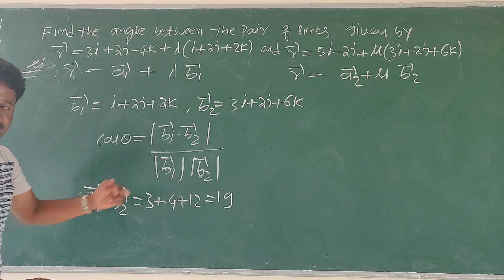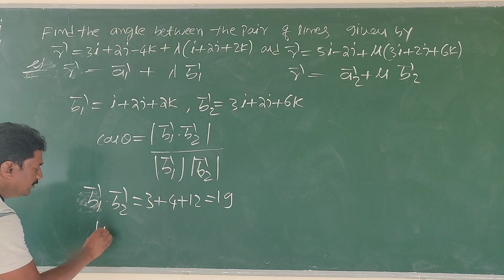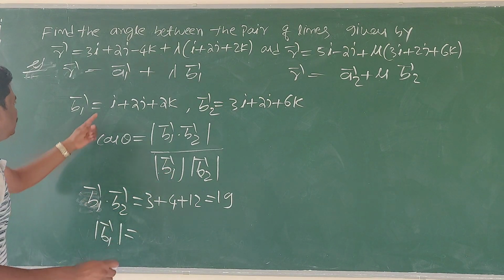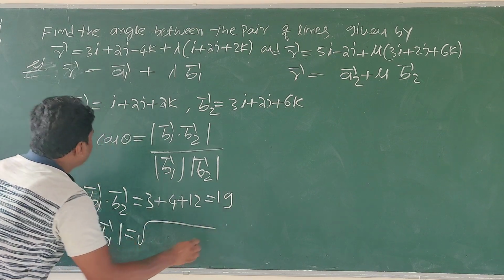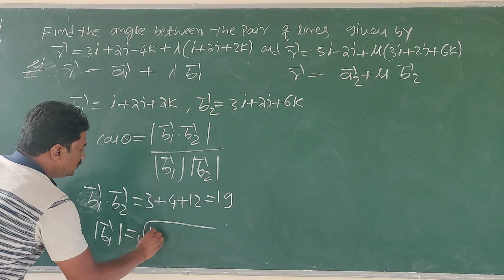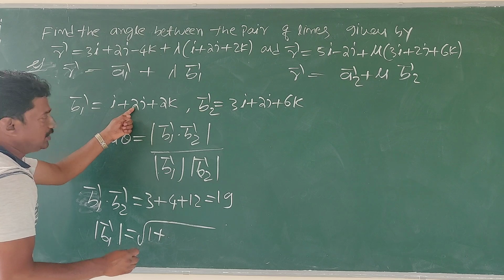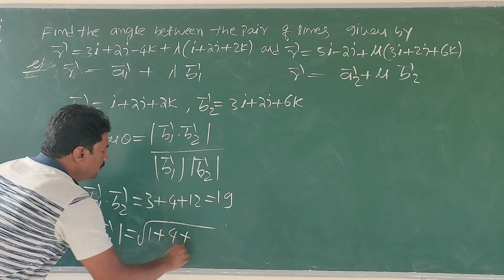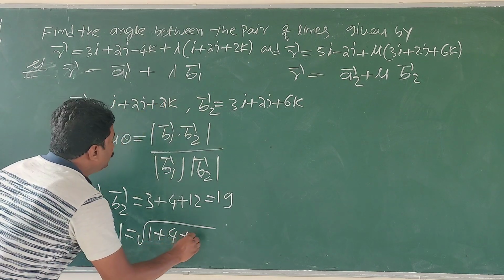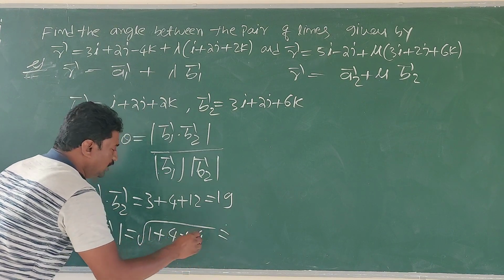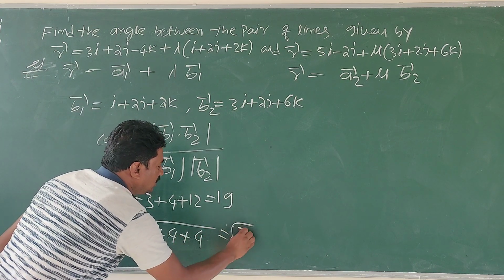Find the length of b1. Root of i coefficient squared plus j coefficient 2 squared, 4, plus k coefficient squared, 4. Root 9, it is 3.